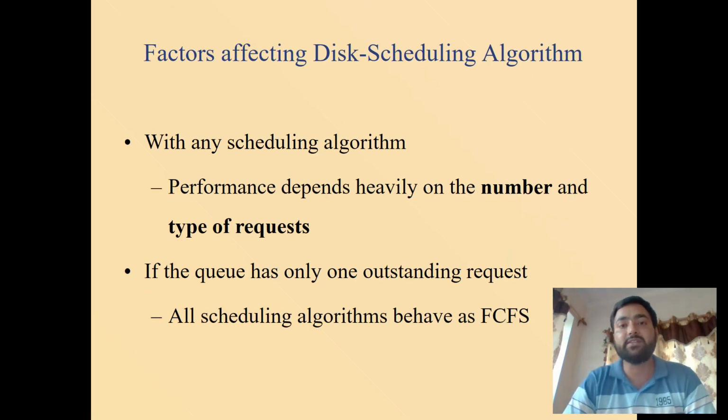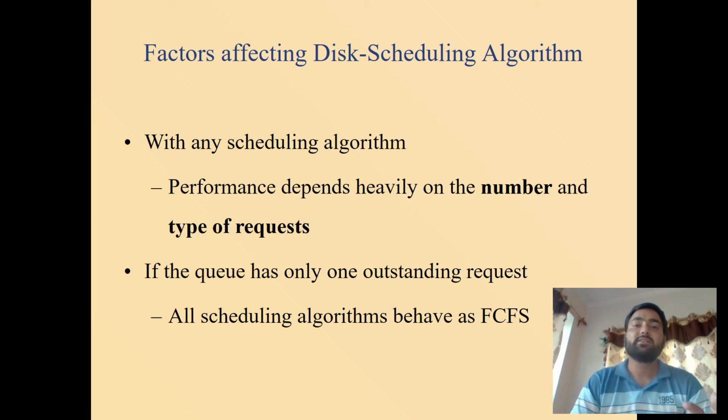Then what are the factors that affect the disk scheduling algorithm? The first one is that with any scheduling algorithm, performance depends heavily on the number and type of requests.